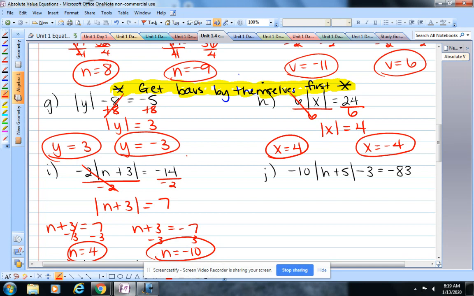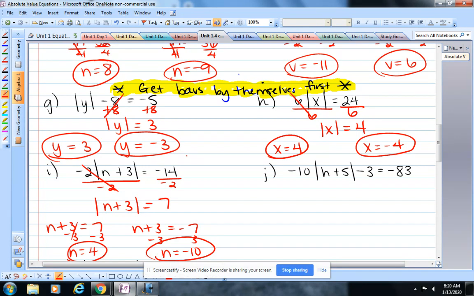-2 times the absolute value of n plus 3 equals -14 is the original equation. So what's 4 plus 3? The absolute value of 7 is 7 times -2. Does that equal -14? Yes. Now let's plug in -10. What's -10 plus 3? -7.